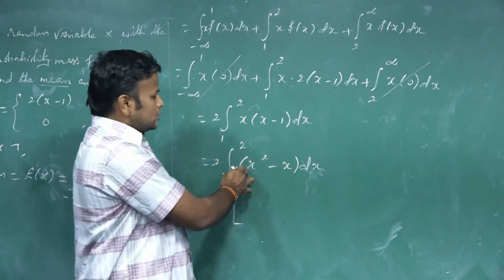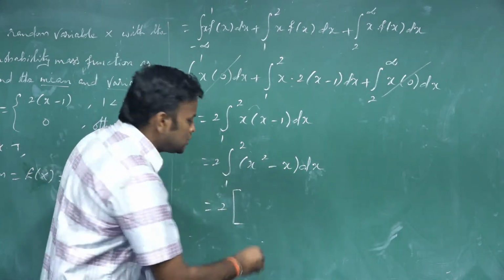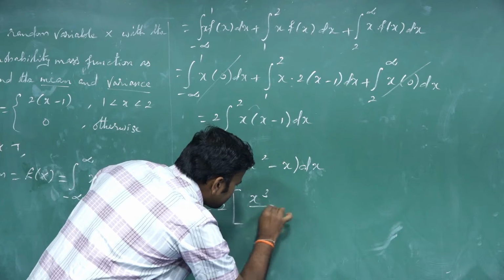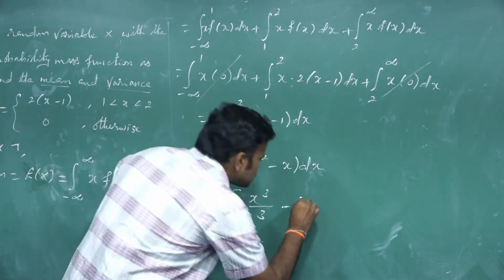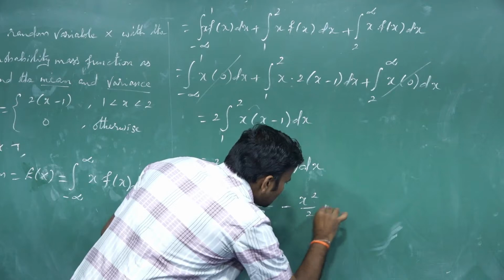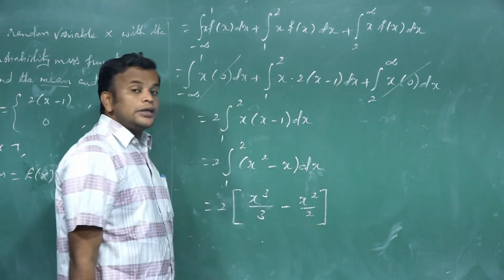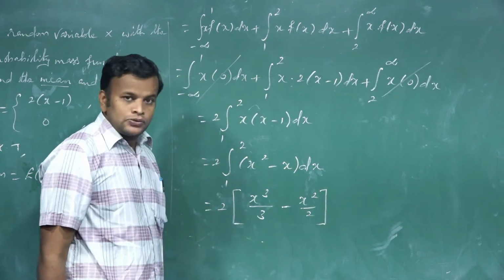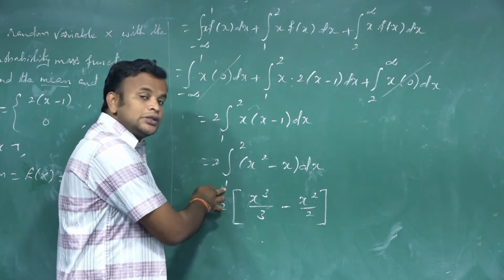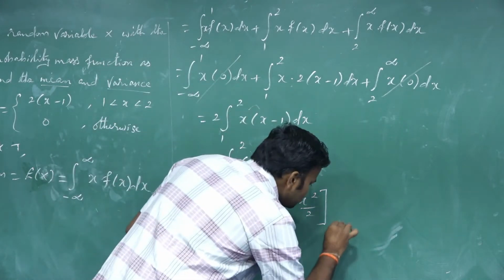Now we integrate. The integral of x square is x cubed by 3, minus the integral of x, which is x square by 2, using the formula of x power n, x power n plus 1 by n plus 1. And also we substitute the limits 1 to 2.